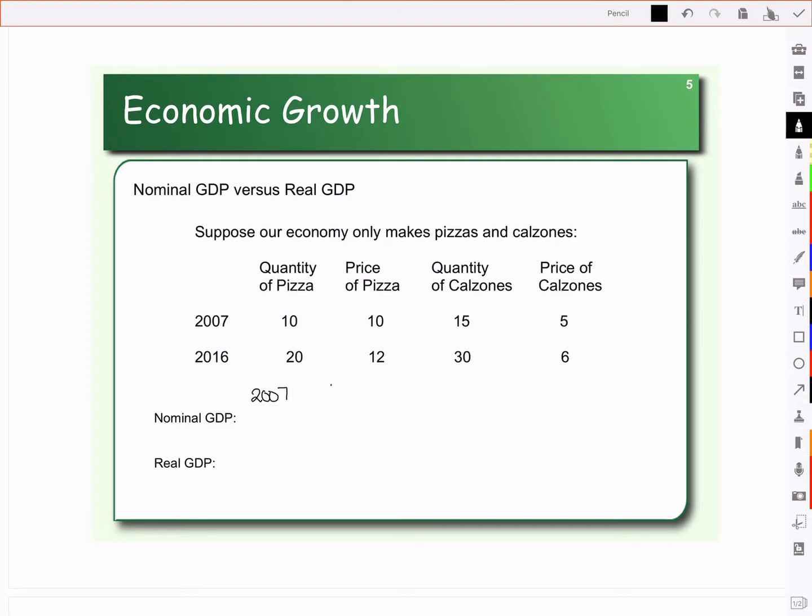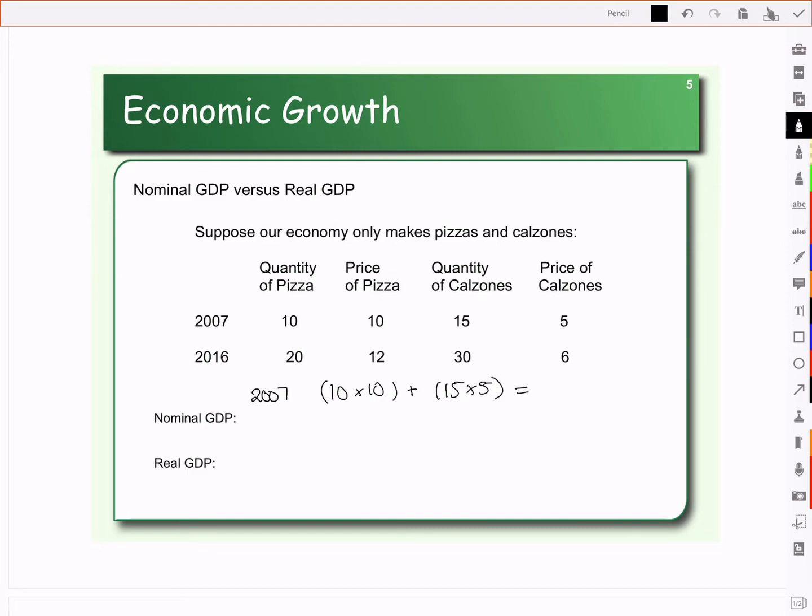So in 2007, there were 10 pizzas at $10 a piece. There were 15 calzones at $5 a piece. So we do 10 times 10, we get that number, we get 15 times 5, we get that number, and we add the two together.